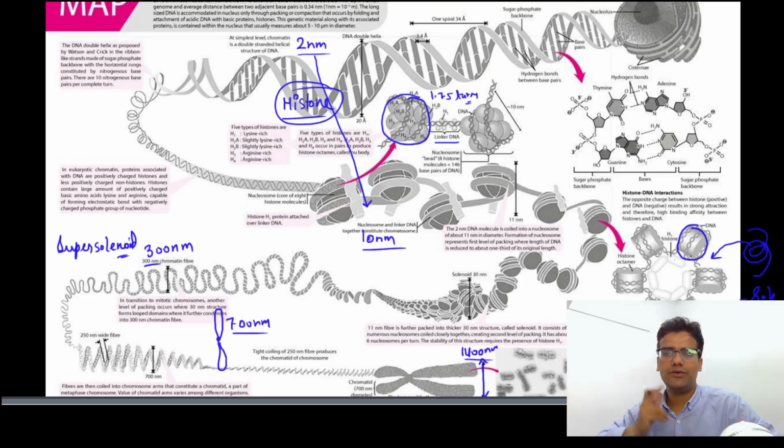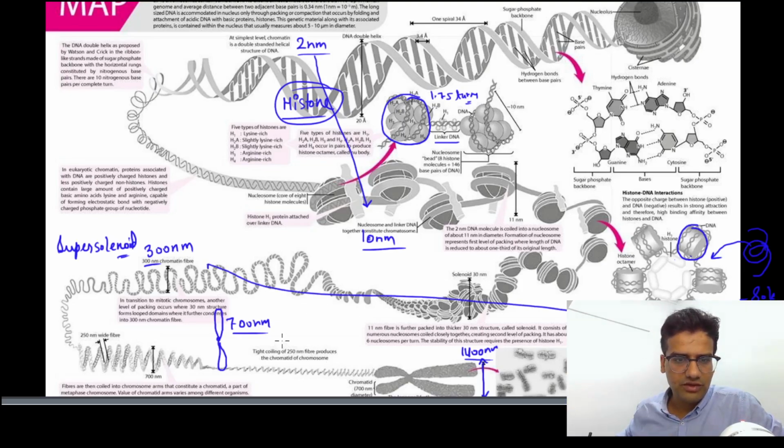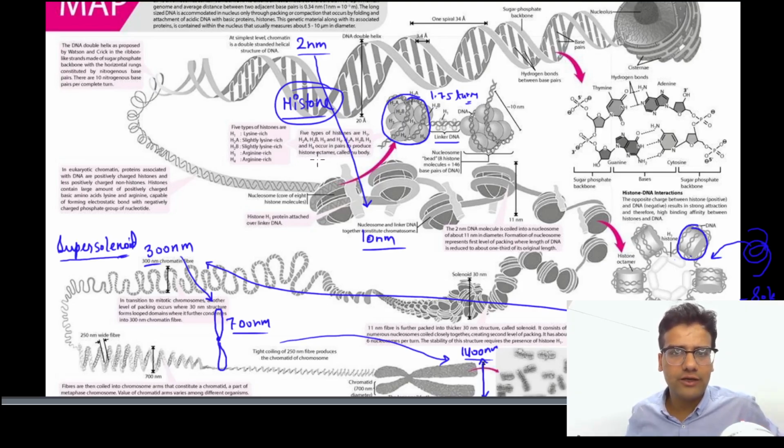This 30 nanometer fiber is converted into a 300 nanometer fiber, which we call the super solenoid fiber. Then there are other proteins for folding the chromosomes, and this is converted into the chromatid arm: the 300 nanometer fiber is converted into a 700 nanometer fiber, and then into a 1400 nanometer fiber. So this is all about the DNA packing mechanism.